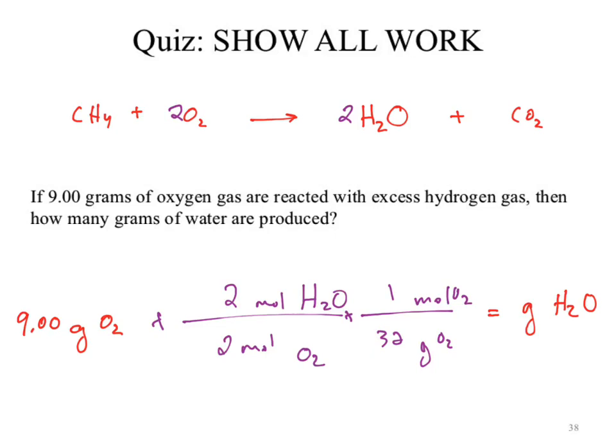Okay? So what is the chemical equation that I'm being asked about? H2 plus O2. It says oxygen gas is reacted with hydrogen gas, then how many grams of water are produced? This is my new equation. If I left those 2's in there, is the equation balanced?